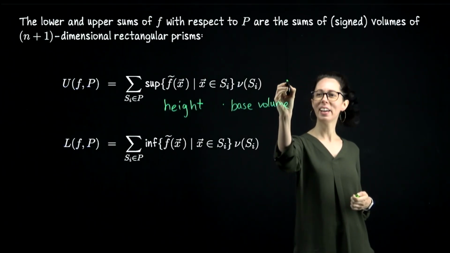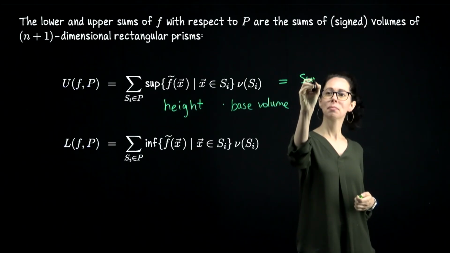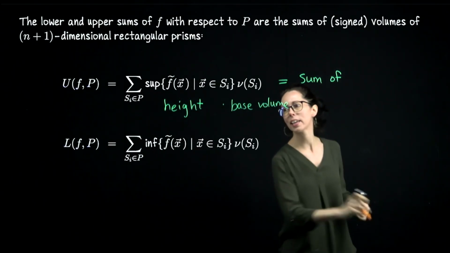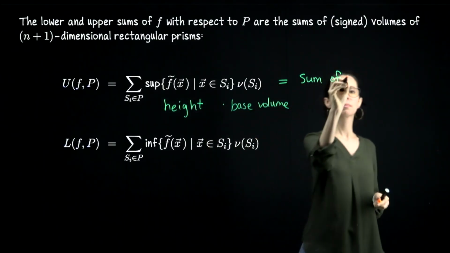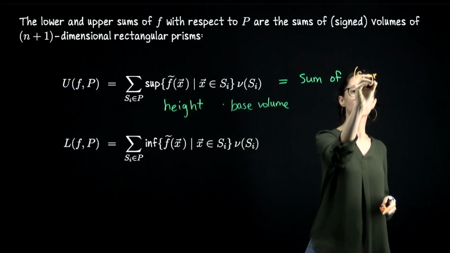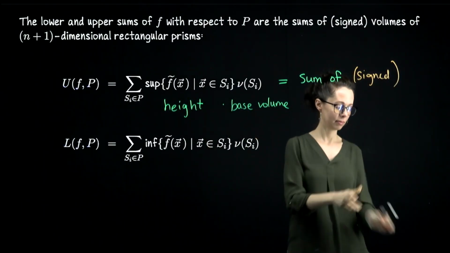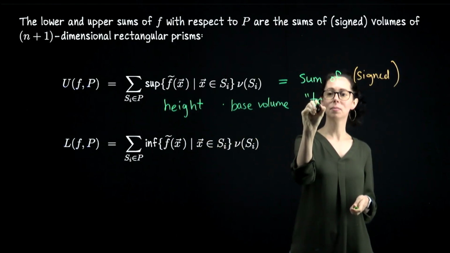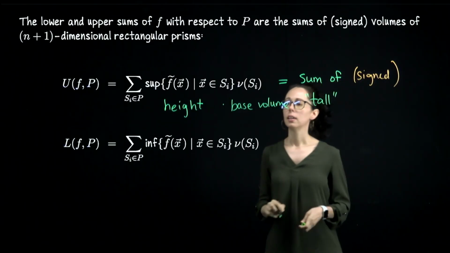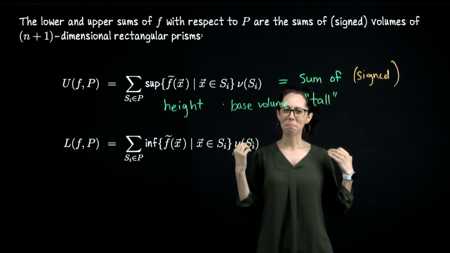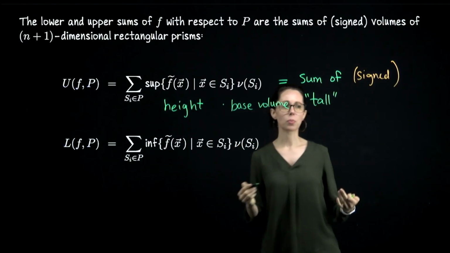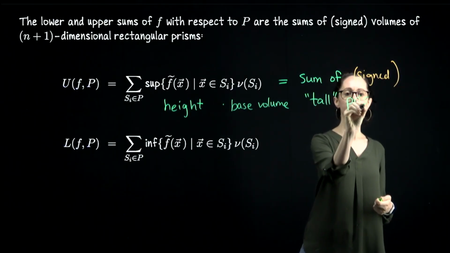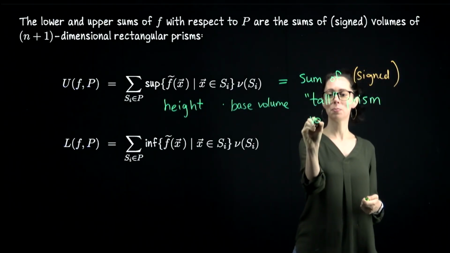So let me say sum of, I'll add in here the word signed in case the sup is negative. We picked the sup, so these are the tall prisms in R^(n+1). Prism volumes.